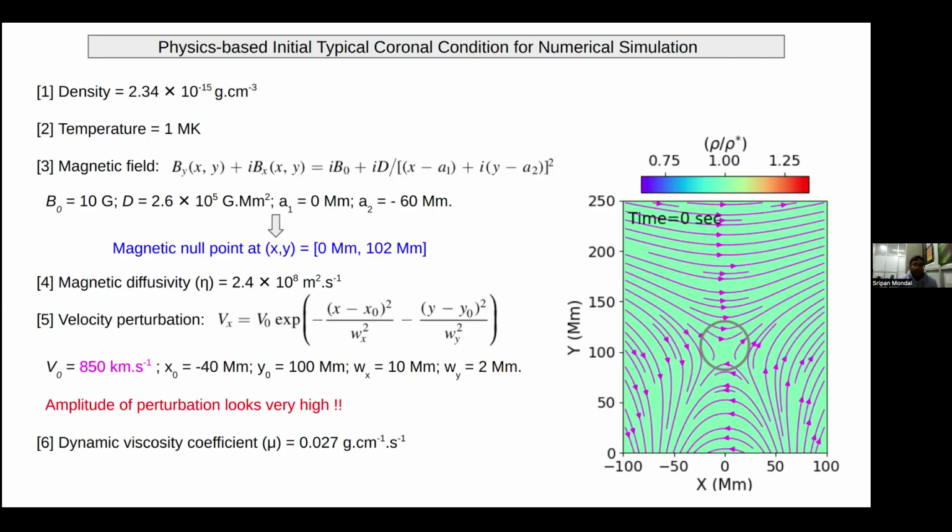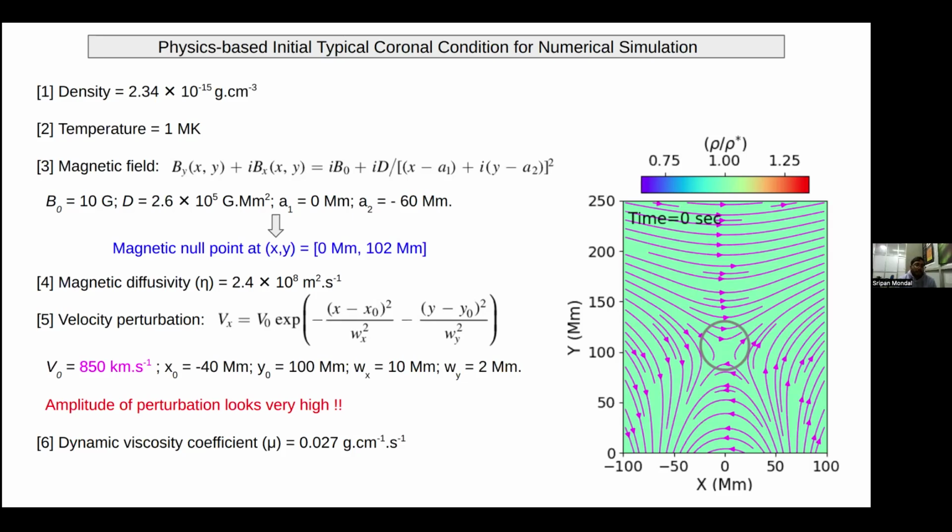The magnetic field has an overlying horizontal field line, and then a magnetic dipole which is exactly opposite to the overlying field line, so that it can generate a magnetic null point at a certain height, at the center of our simulation box. This magnetic field is basically potential in nature.